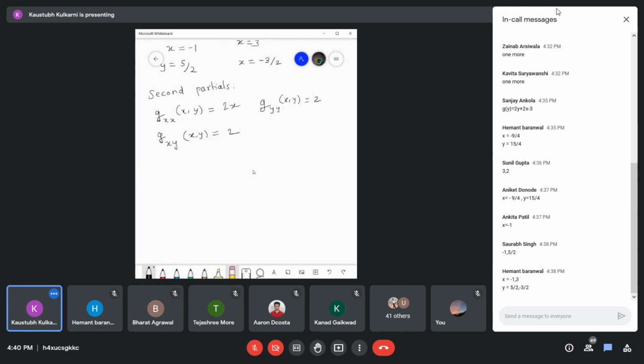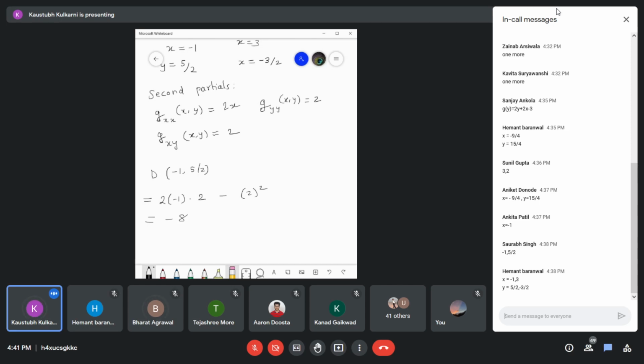So now D at the point minus 1 comma 5 by 2 will be g of xx multiplied by g of yy minus g of xy squared, which will be equal to minus 4 minus 4, minus 8.